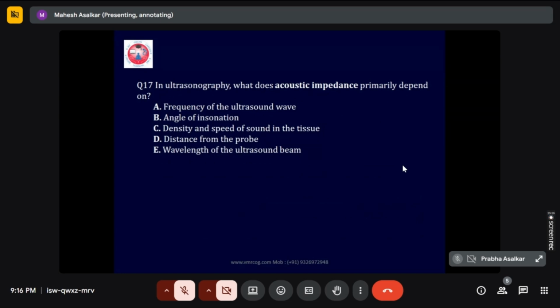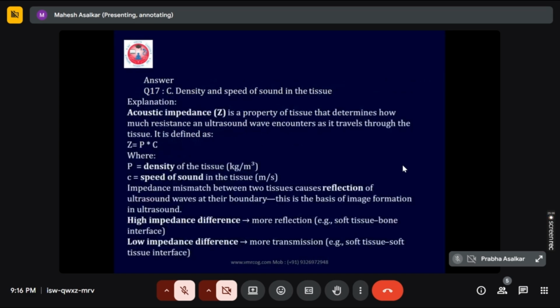In ultrasonography, what does acoustic impedance primarily depend on? So it is the density and speed of the sound in the tissue. So answer is C, density and speed of the sound in the tissue. Acoustic impedance Z is a property of the tissue that determines how much resistance an ultrasound wave encounters as it travels through the tissue.